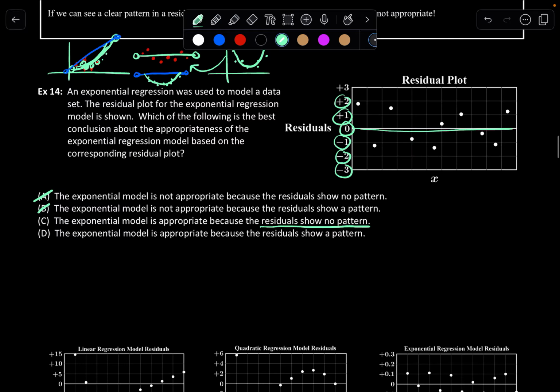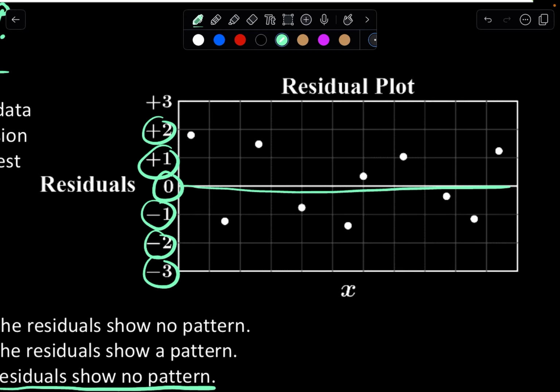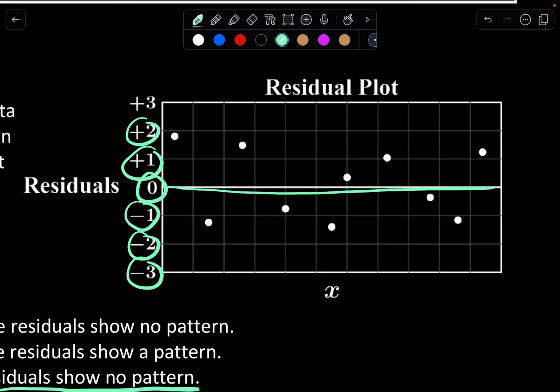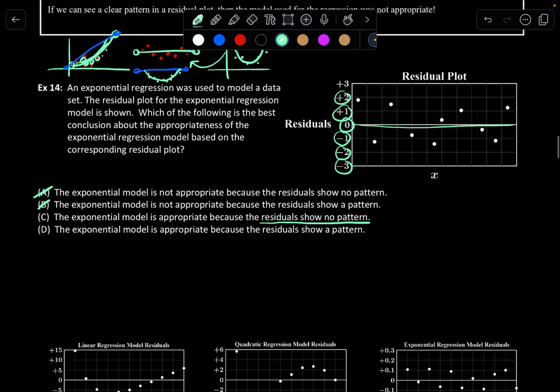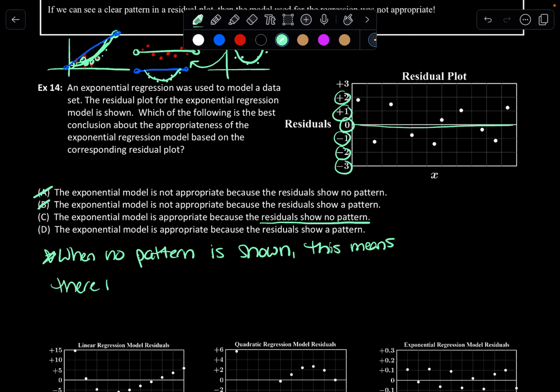If we were to see a pattern in our residual plot, that means there is another model that fits the data more appropriately. So when no pattern is shown, this means there is no other model that would be more appropriate.